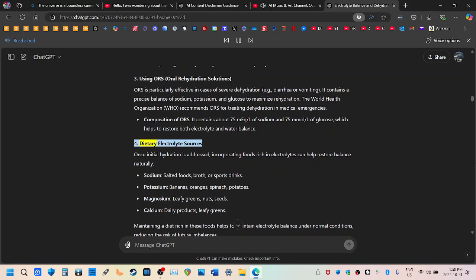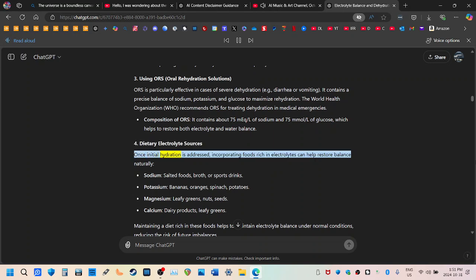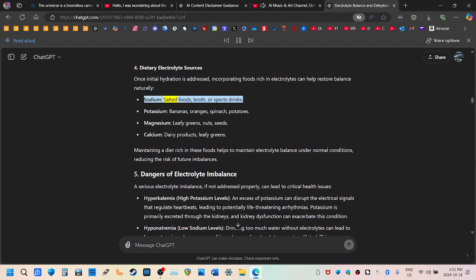4. Dietary electrolyte sources. Once initial hydration is addressed, incorporating foods rich in electrolytes can help restore balance naturally. Sodium: salted foods, broth, or sports drinks. Potassium: bananas, oranges, spinach, potatoes.